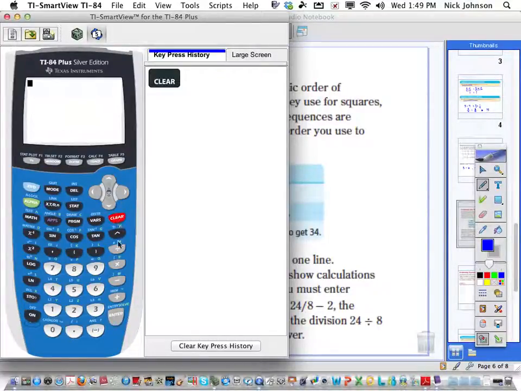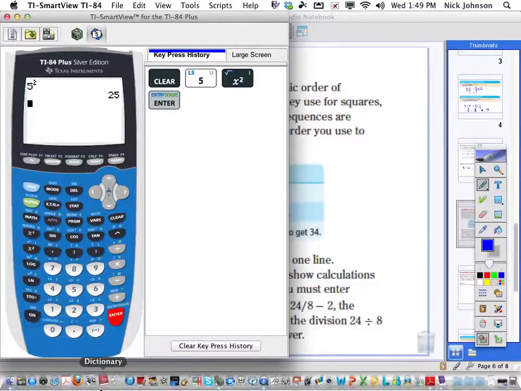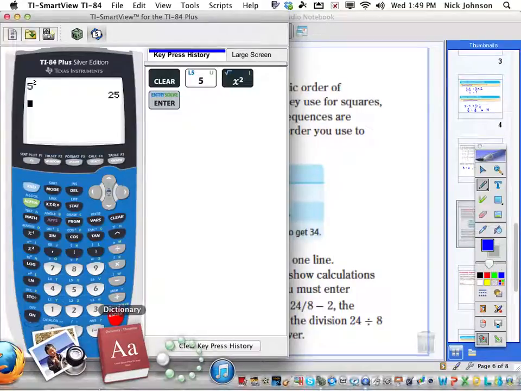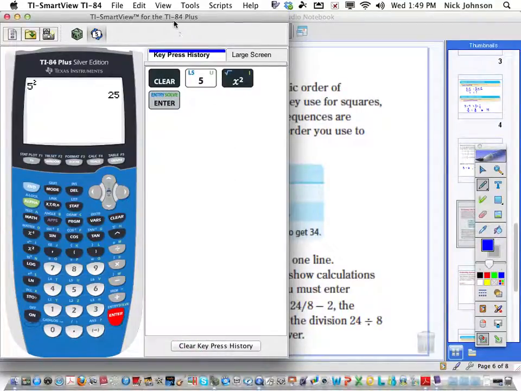Anyways, this is what your calculator is going to look like. Here is my square feature right here, x to the second power. So I would press 5 squared, hit enter, and we all know that 5 times 5 is 25.